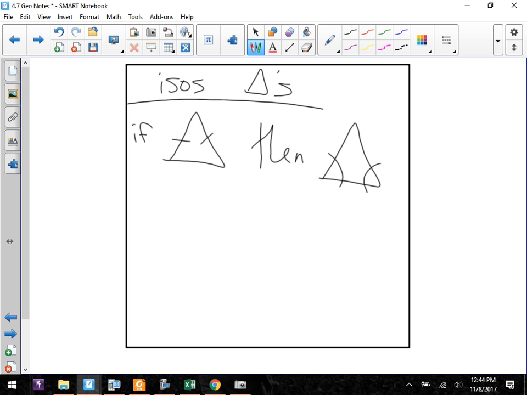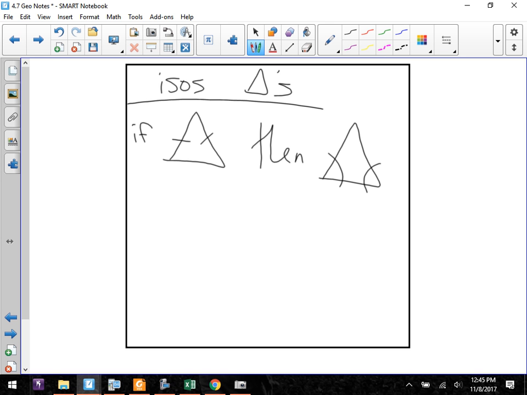Basically, what I want to get at with a couple of these definitions is that when you're dealing with isosceles triangles, like I had mentioned earlier, there's a couple of things you're going to be able to infer. If you are given legs that are congruent, then you know you have base angles that are congruent.